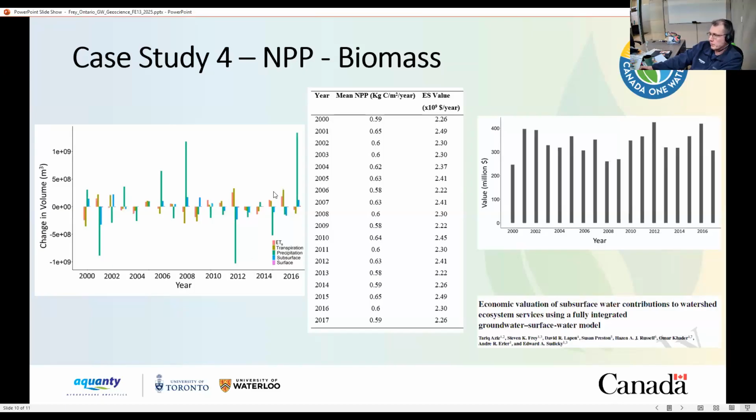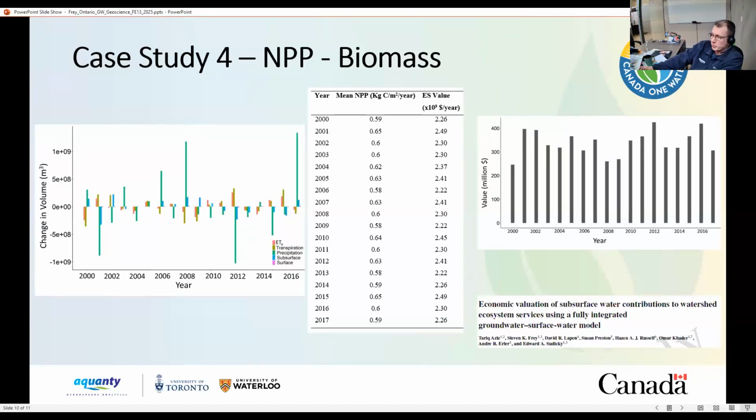And what we see from the biomass production is that in general, the biomass that was produced in the landscape didn't take as much of a hit as you would have otherwise thought based on climatology. Now, the reason why that biomass production was sustained was the groundwater contribution to that biomass production.